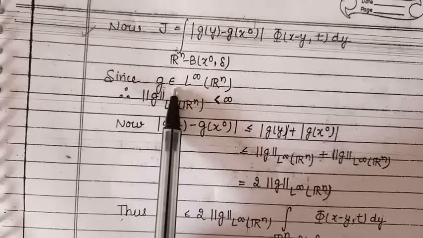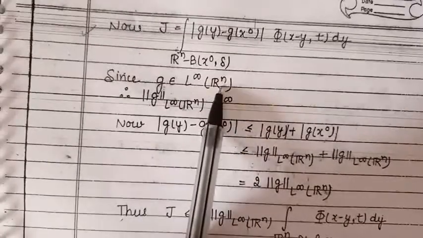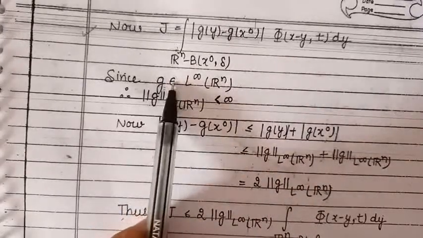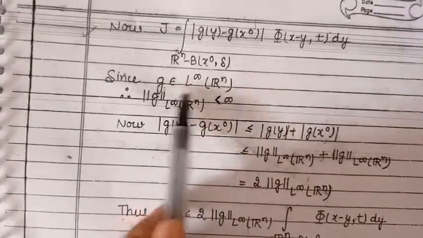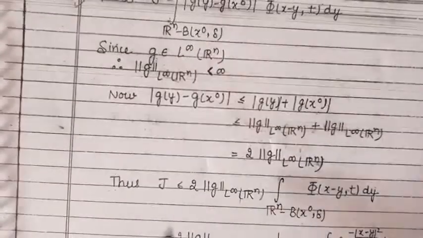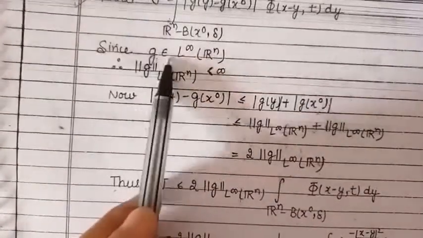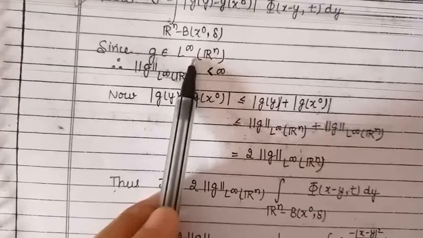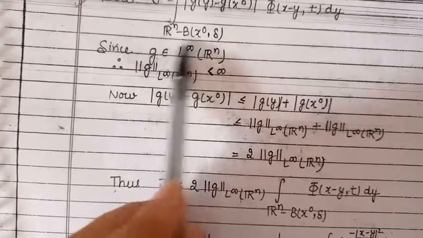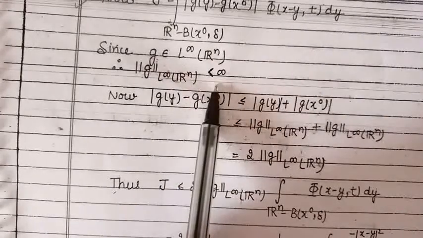One of the function spaces was C(Rn) and the second was L infinity(Rn). Because g belongs to the intersection, g belongs to this function space also. And by definition, if a function g belongs to this space, then the norm of the function g on this space will be finite.